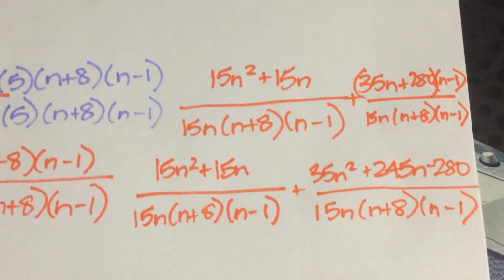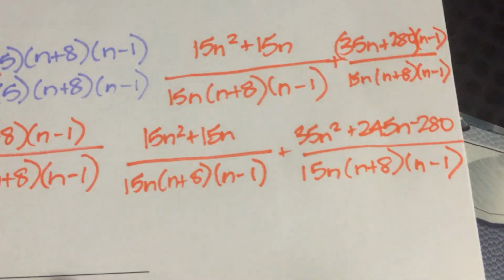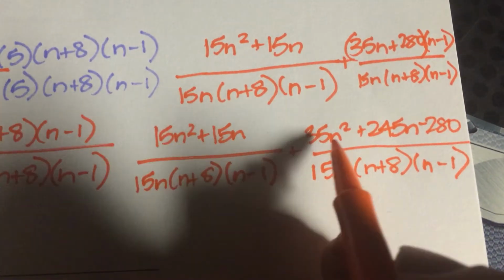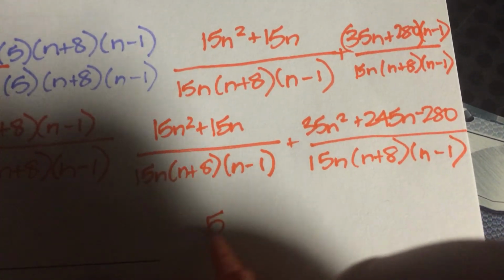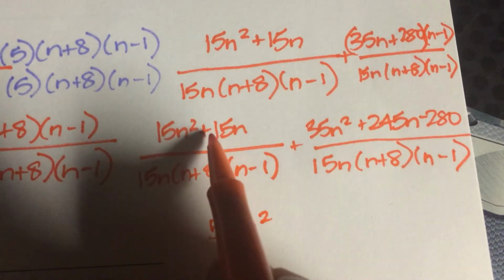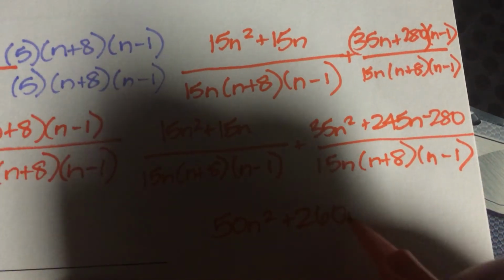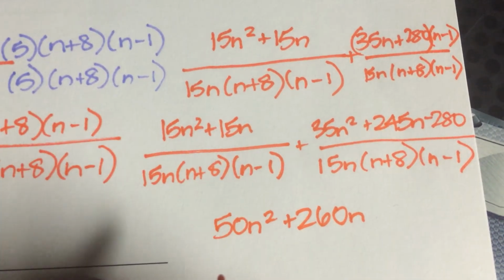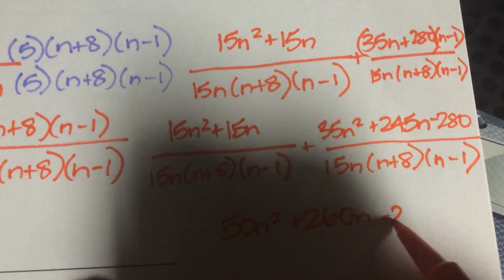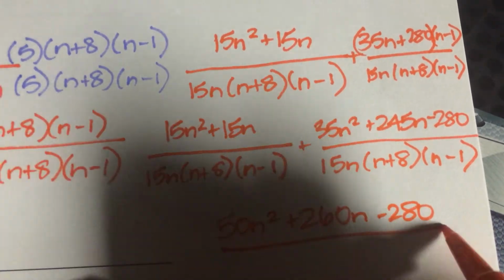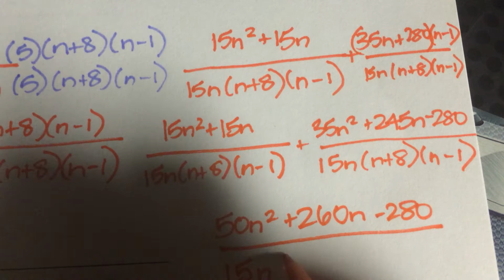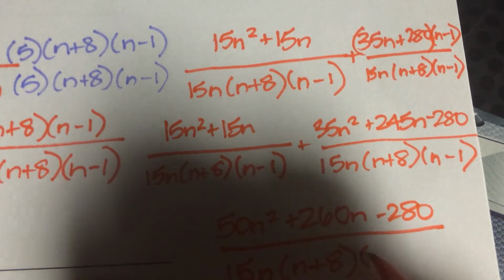Okay, whew, all right, now I think I'm ready to do my final answer. So I can add 15n squared to 35n squared, and I get 50n squared. 15n plus 245n gives me 260n, and then I've got that minus 280 right there, over 15n times n plus 8 times n minus 1.